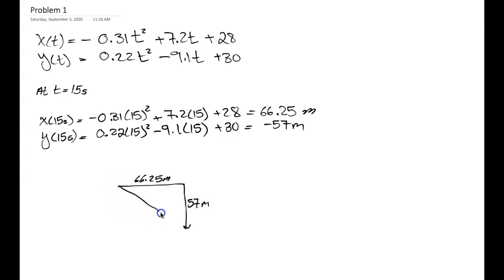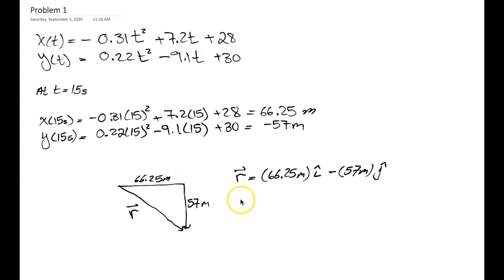And we want to find the vector that deals with these two components, so we can say that our vector is given by 66.25 meters in the i hat direction plus, or minus in this case, 57 meters in the j hat direction.